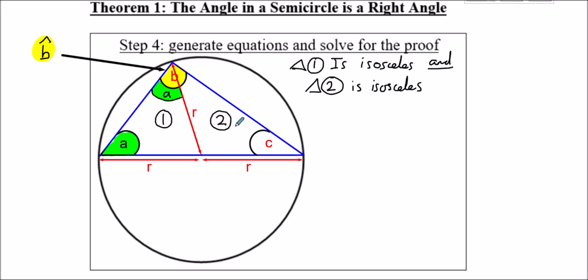On triangle 2, if this one's C, the other base angle over here will also be C. So I can label this C and draw in what C is. The portion of B inside triangle 2, because it's an isosceles triangle, has to be C as well. So that's C, as is the angle at the top of triangle 2.